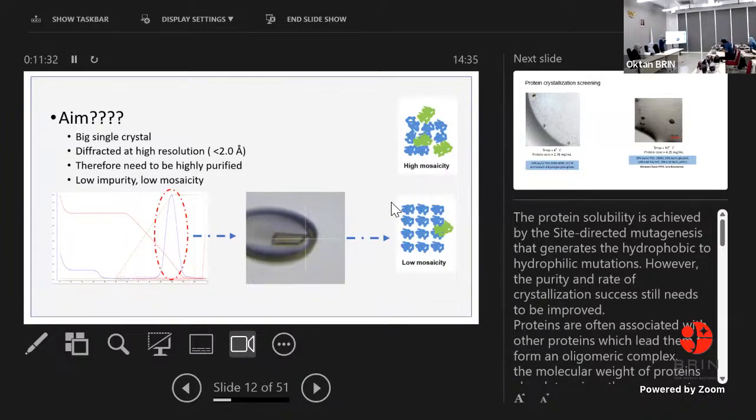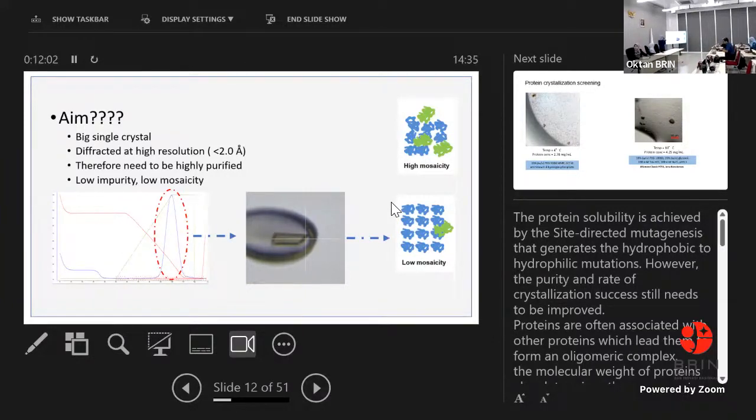So the aim, when we want to get the crystal, is to get a big single crystal that diffracts at a really high resolution, in the hope that we get high resolution of the protein.